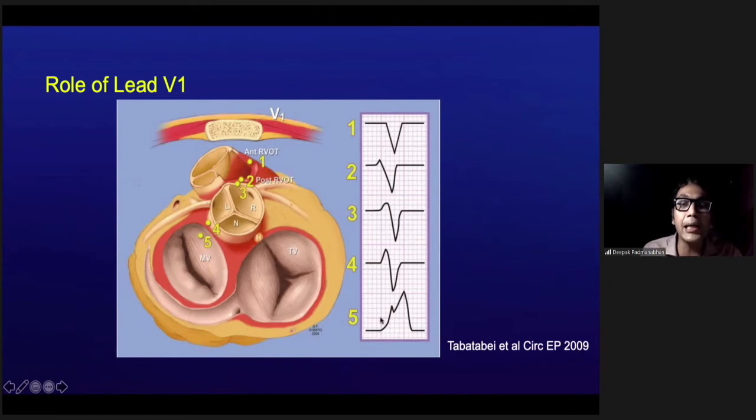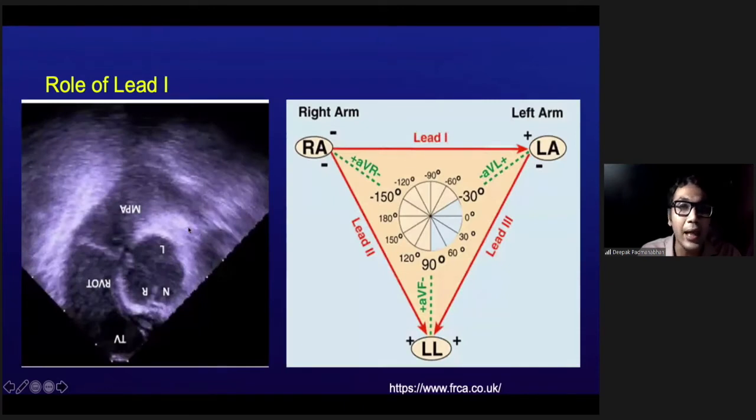Remember, the precordial lead is a unipolar lead, so it's very highly sensitive to the direction of the wavefront approaching the electrode. Now, going on to lead 1, as we discussed, anything going towards lead 1 will give you a positive deflection. Anything going away from lead 1 gives you a negative deflection.